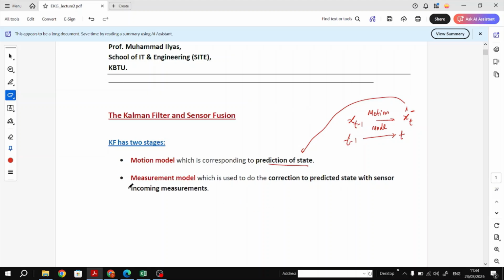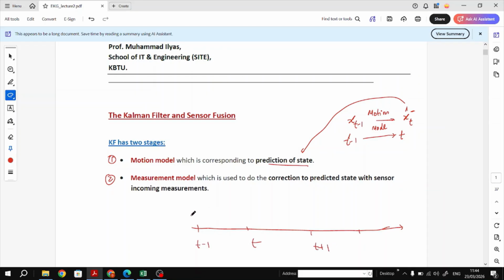And the second step is the measurement model. Using the measurement model, we update our predicted state. Let me draw the timeline here. You have time steps t minus 1, t, t plus 1.